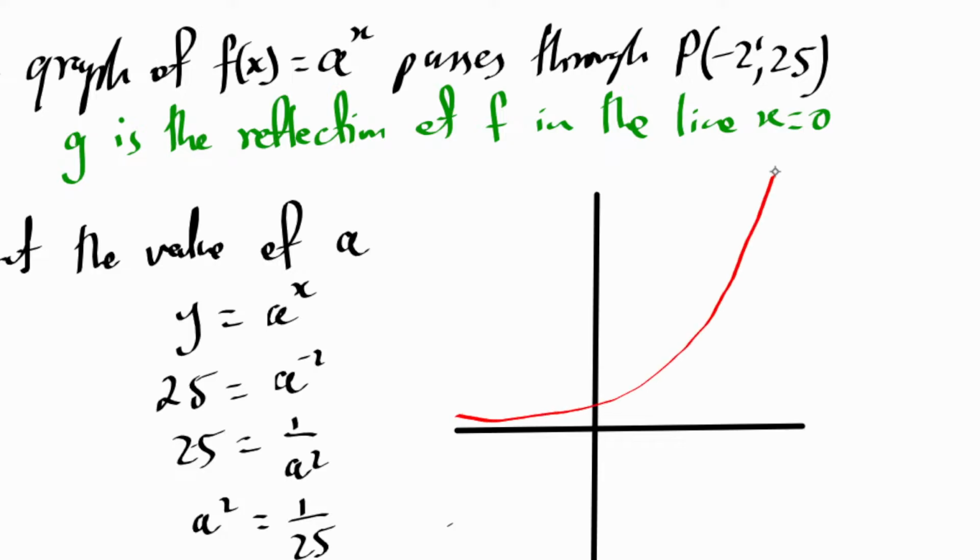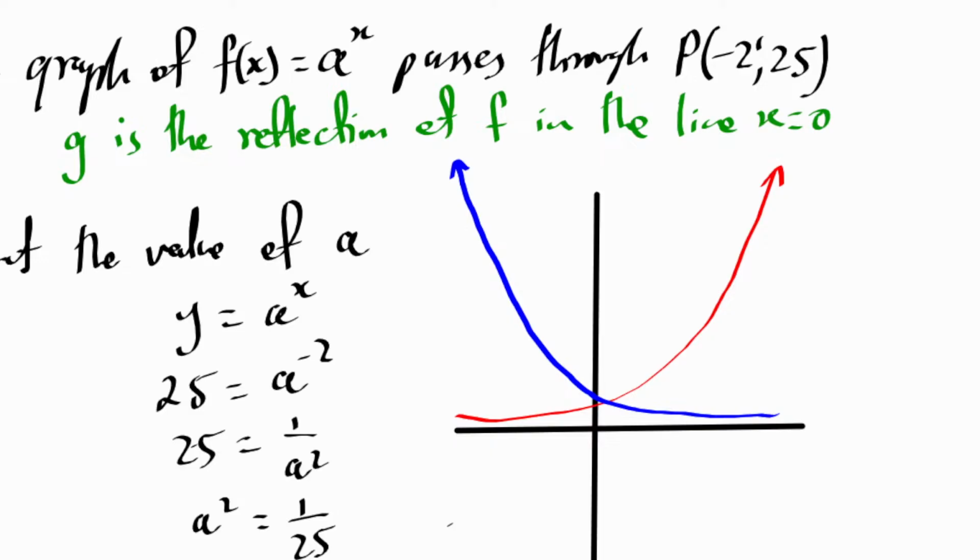So I wanted to ask, for determining the value of a, why are we saying that 25 is equal to a to the power of -1? Oh, sorry. That's a -2. My bad. My handwriting can be terrible at times. Does that sit well with you if it's a -2?